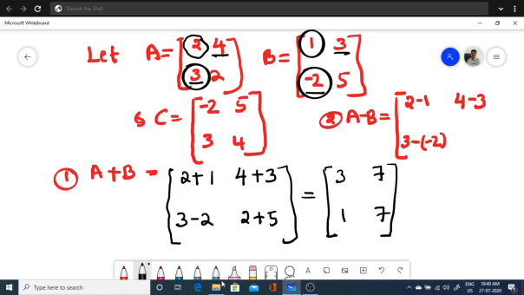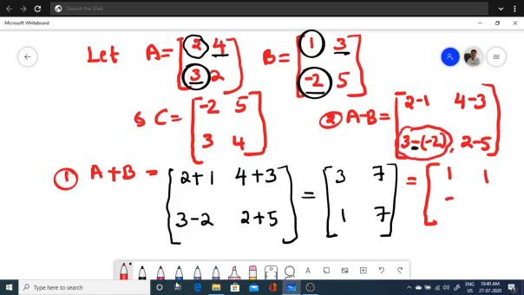So we are subtracting 3 minus minus 2, and the next element is 2 minus 5. So this is equal to 2 minus 1 is 1, 4 minus 3 is 1, and this is 3 plus 2. So 3 plus 2 will become 5, and 2 minus 5 is minus 3. So this is A minus B.